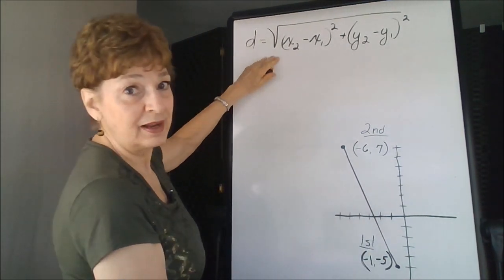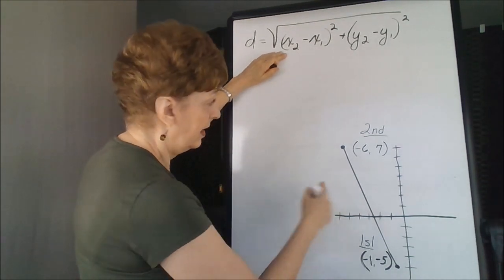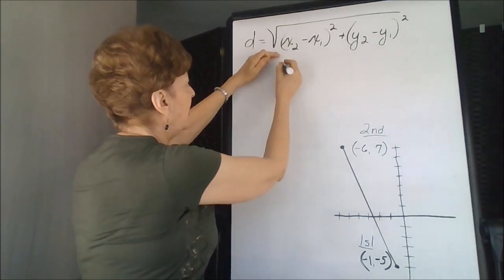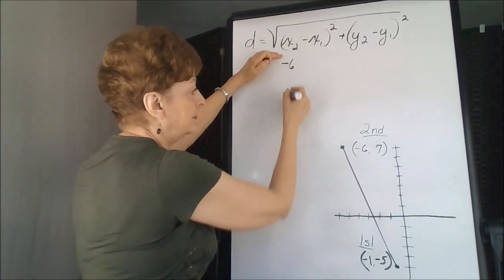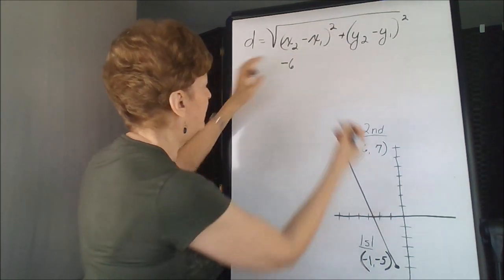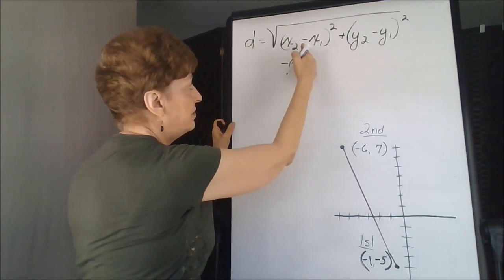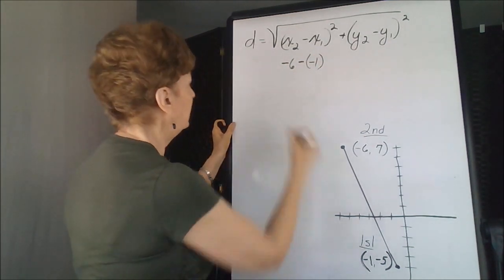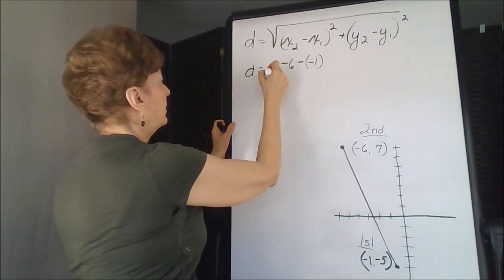Coming to our equation, x2, -6, x1, negative. So this is a subtraction within the formula, and here's our value, -1. This is d equals.